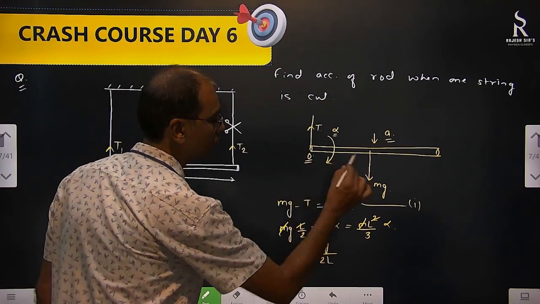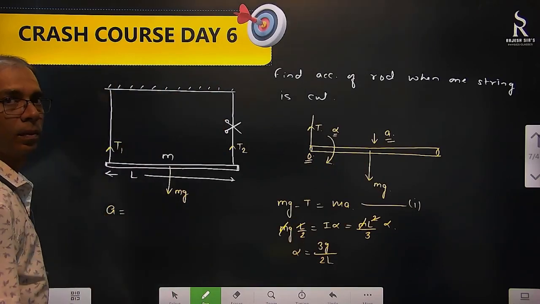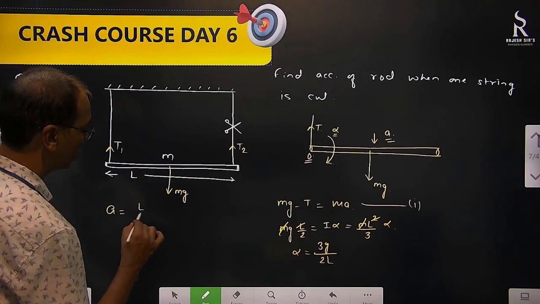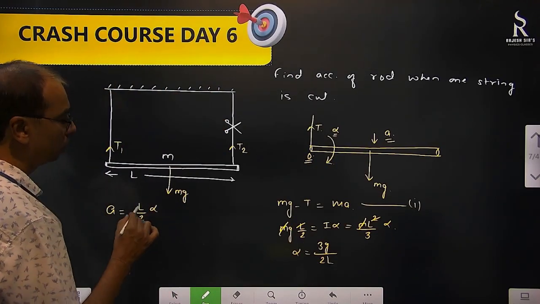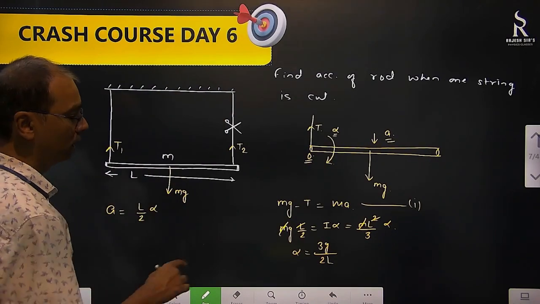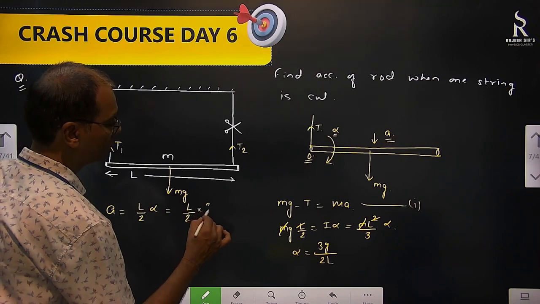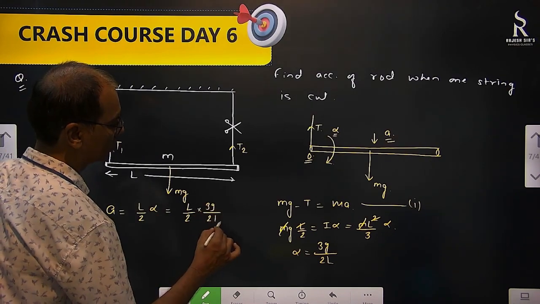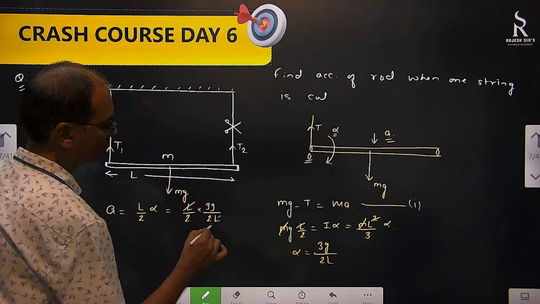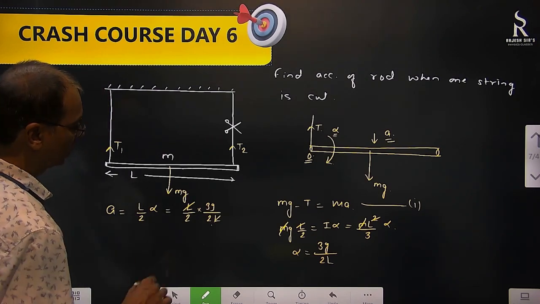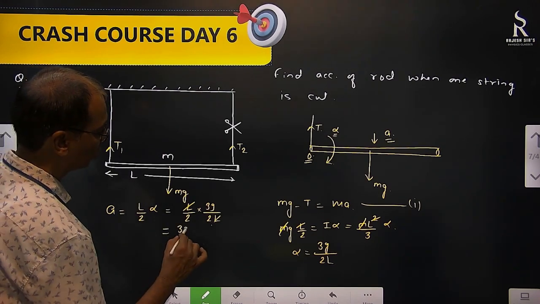L by 2. So a equal to L by 2 alpha. Alpha I already have, that means L by 2 into 3g by 2L. So we got 3g by 4. So acceleration came.